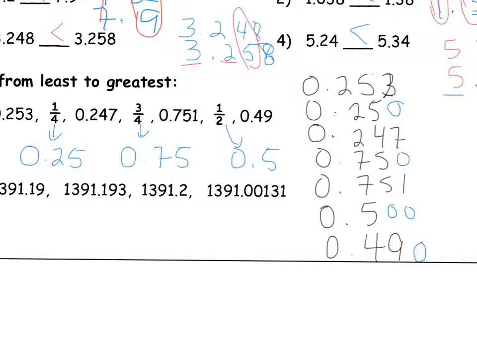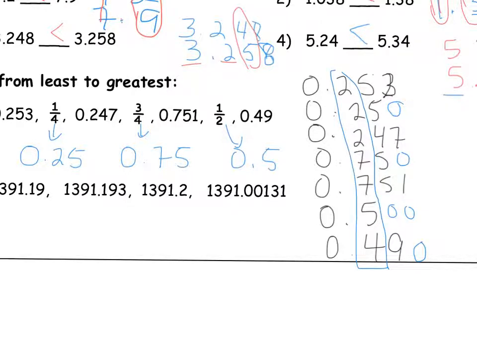Well, none of them have whole numbers, so then I'm going to look at the tenths place. So I've got 2s and 7s and a 5 and a 4 in the tenths place.